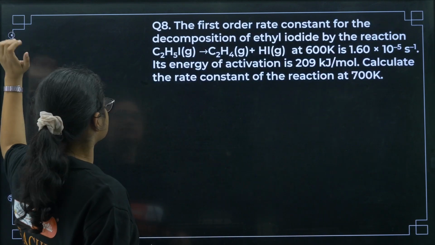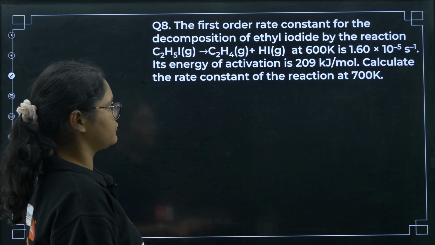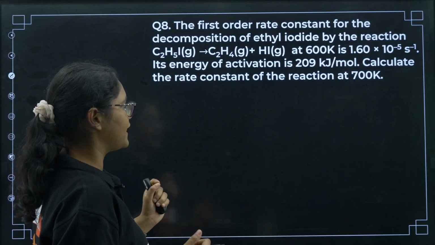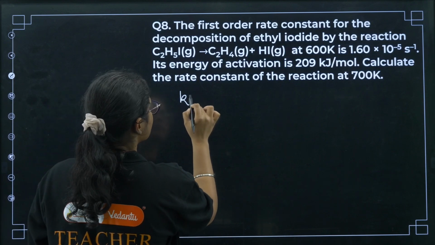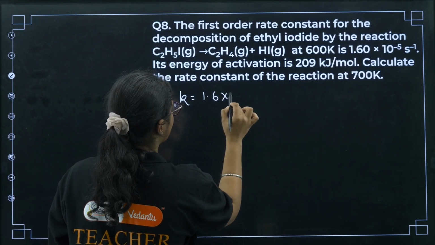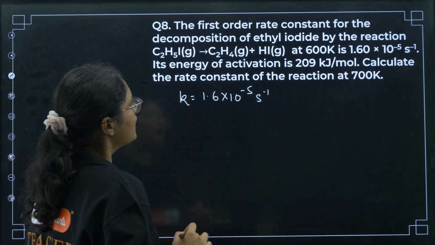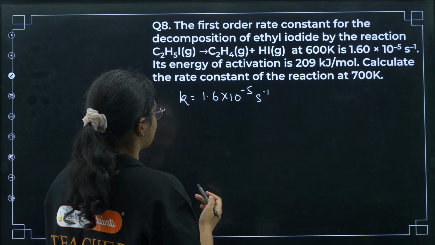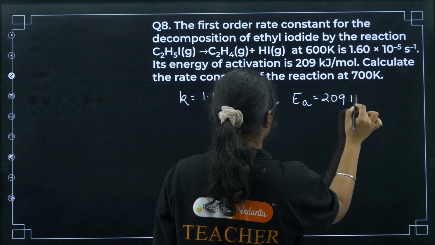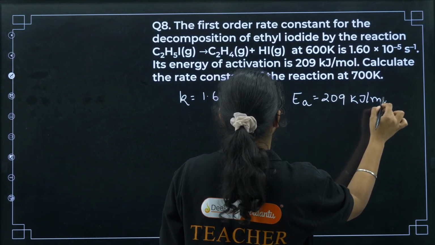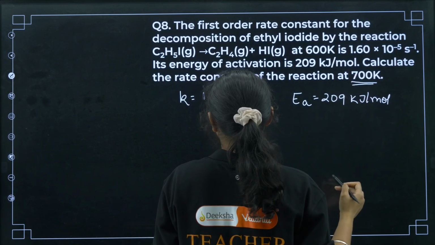Fine. Next, coming to question number 8. The first order rate constant for the decomposition of ethyl iodide by the reaction at 600 Kelvin is given to you, right? K value is 1.6 into 10 to the power of minus 5 second inverse. Then we have its activation energy given to us, that is 209 kilojoule per mole. Calculate the rate constant of the reaction at 700 Kelvin.